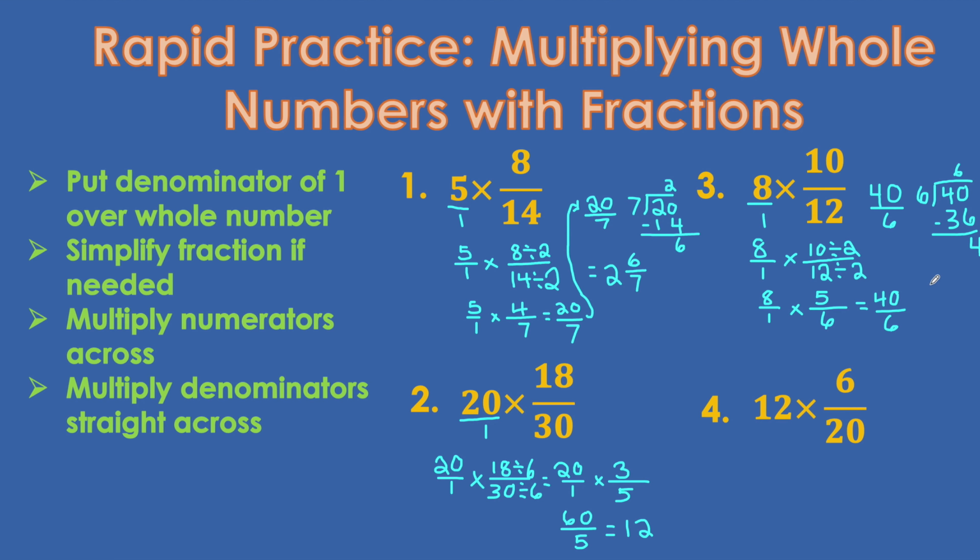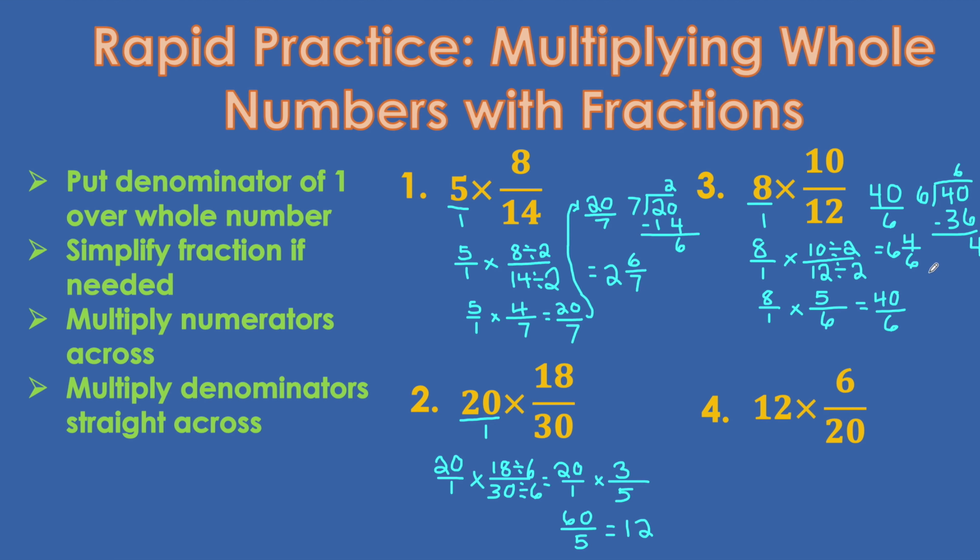Our whole number is going to be this 6, our fraction, the numerator will be this remainder, which would be 4. Denominator stays the same.